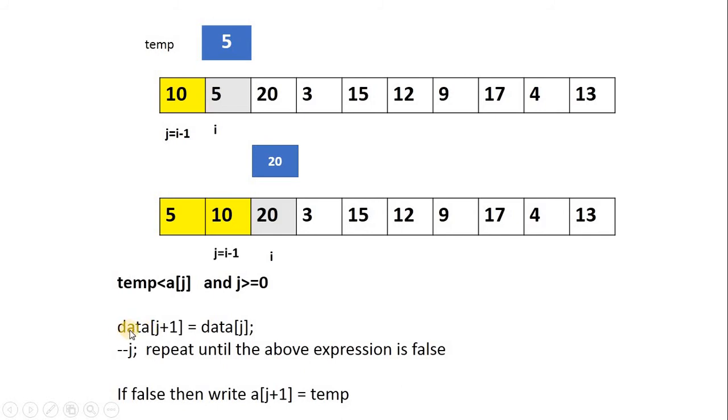J was 1 before because 2 minus 1 is 1, so J plus 1 is 2, and data of 2 is equal to data of J. In this way you will replace. But as it is false here, it will never enter into this, so it will be as usual.